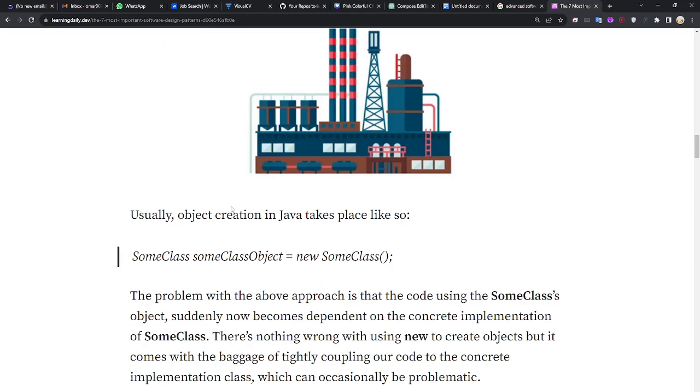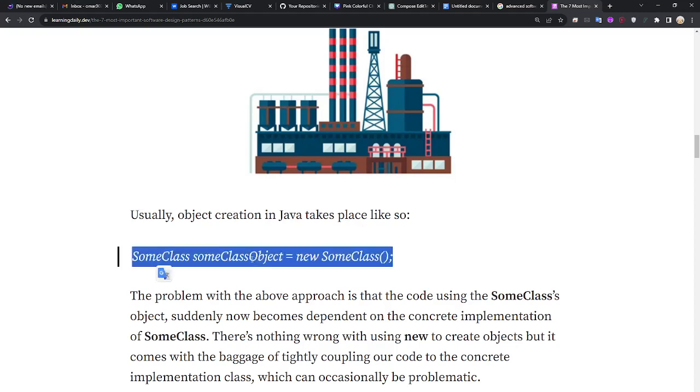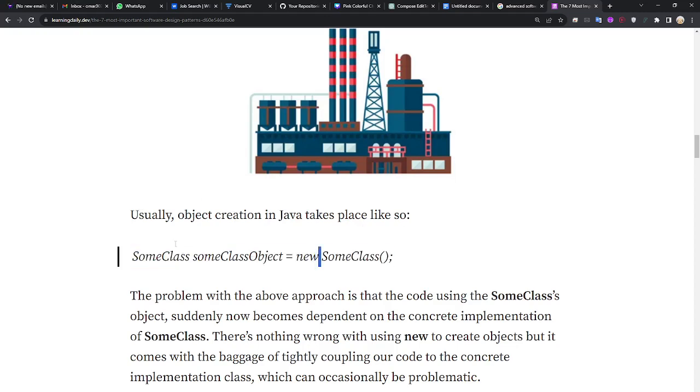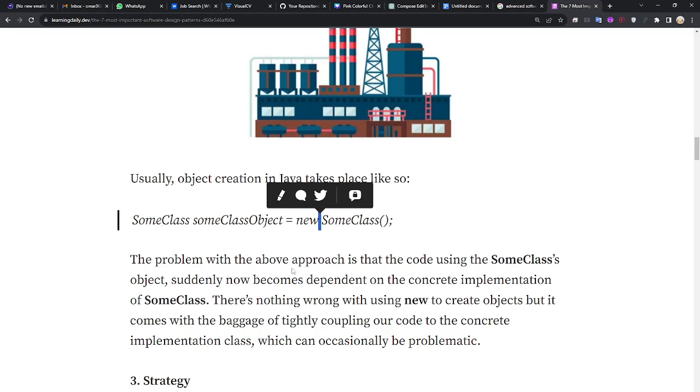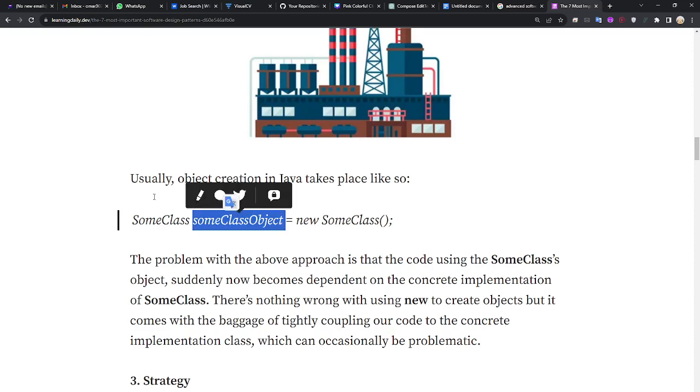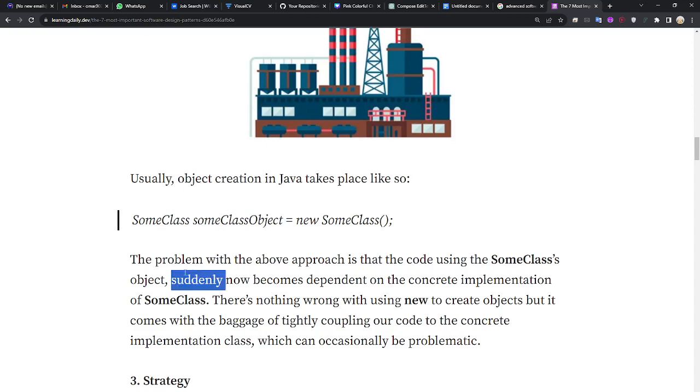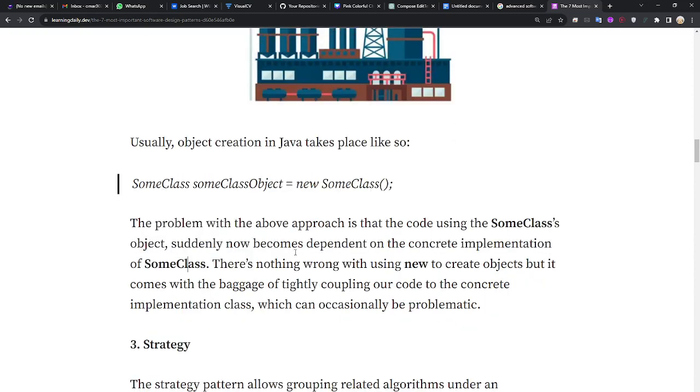Usually object creation in Java takes place like so, using the new keyword. The problem with the above approach is that the code using the some class's object suddenly now becomes dependent on the concrete implementation of some class.